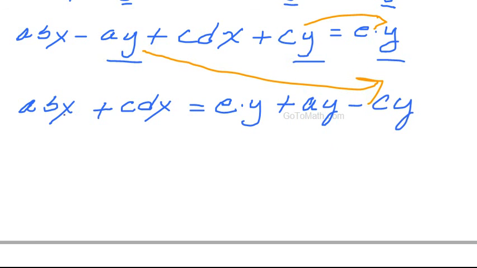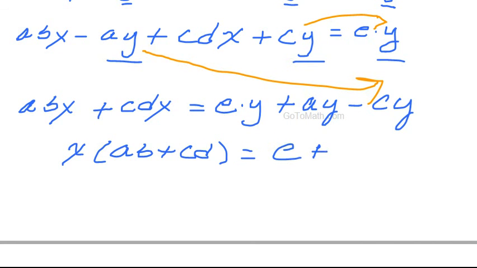How's that? Let's go ahead and factor this x out, just because we can. AB plus CD is equal to, and we'll want to factor out this y obviously, e plus a minus c.